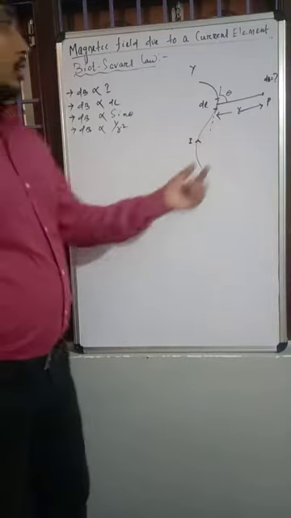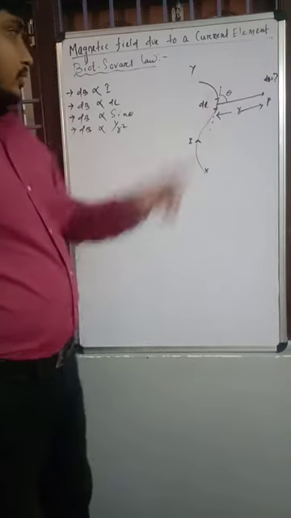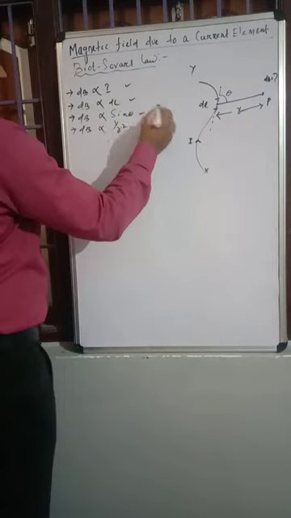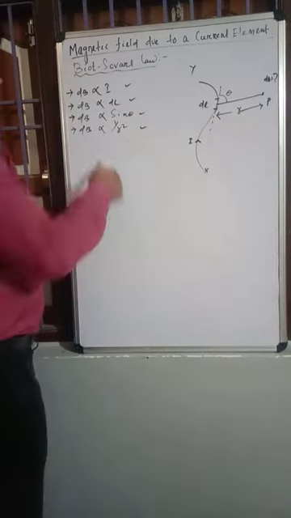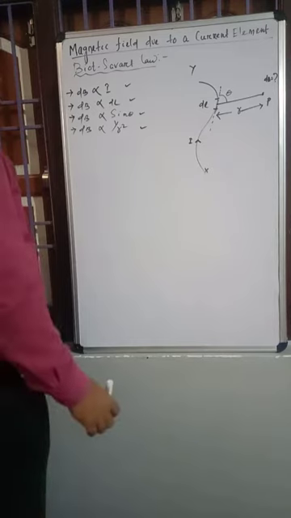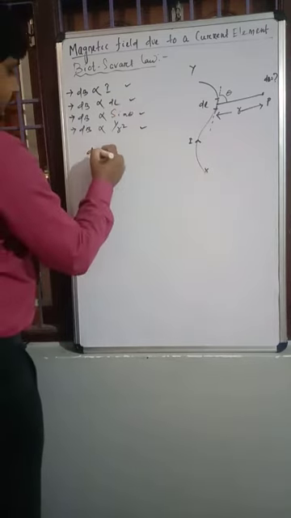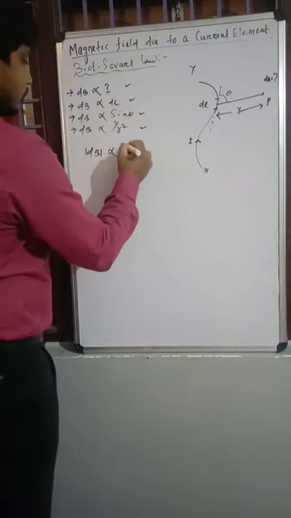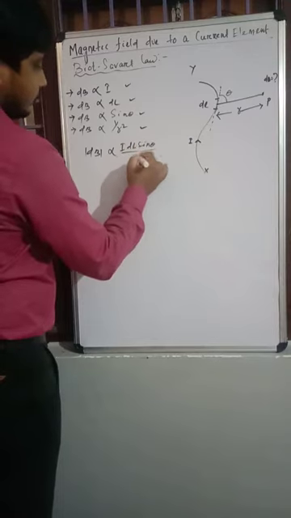So the magnitude of the magnetic field at this point P depends upon these four factors: the current, the length element, the sine of the angle, and inversely on the square of the separation distance. When you combine these four, you get dB is proportional to I dl sine theta by r square.